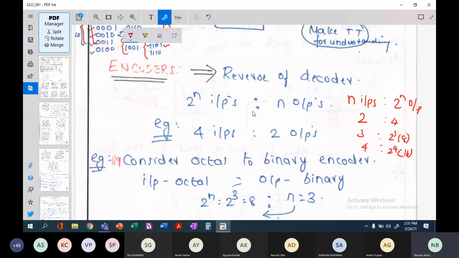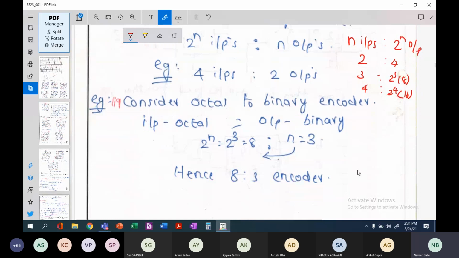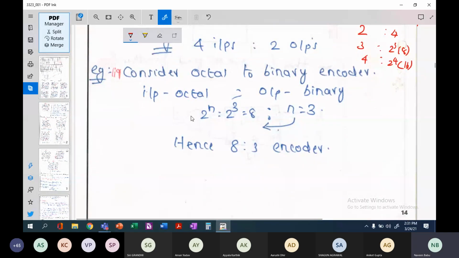Whereas these encoders are used. If you are using a decoder, then there must be a device to encode also. So, for example, consider an octal to binary encoder. Binary to octal will be a decoder because the number of inputs for a binary is large.